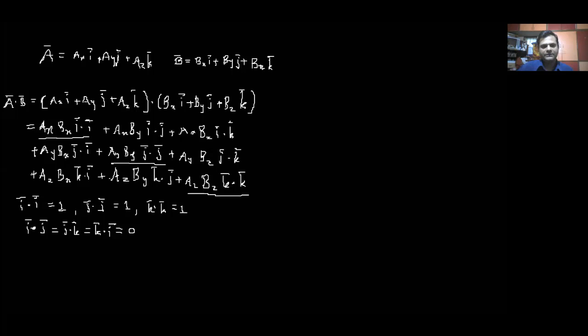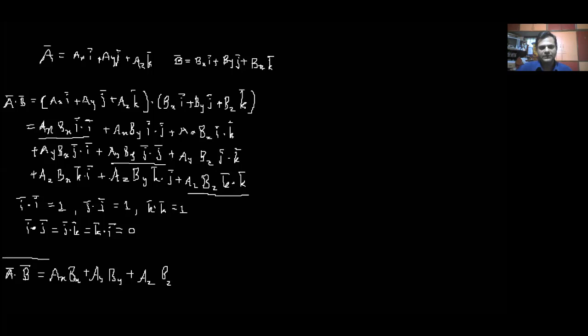So finally we get the result as a bar dot b bar, and that is equal to ax into bx plus ay into by plus az into bz. So this is going to be the expression for the dot product of two vectors.